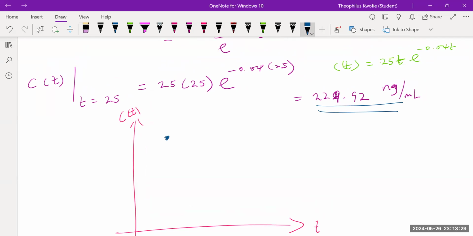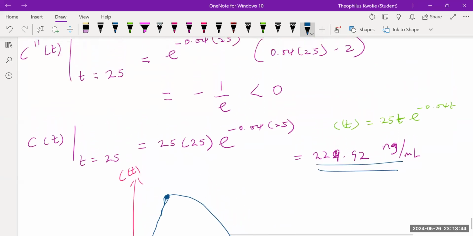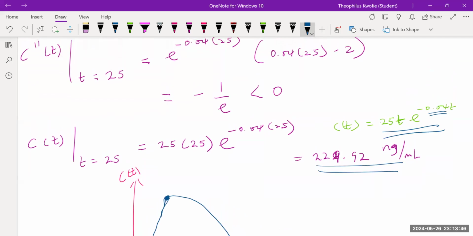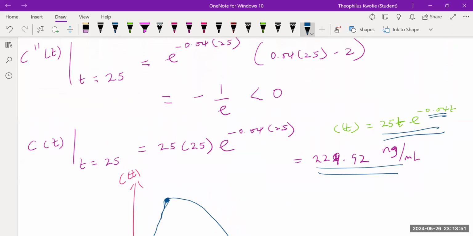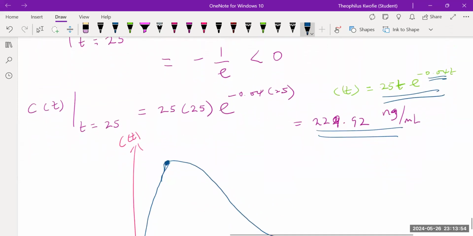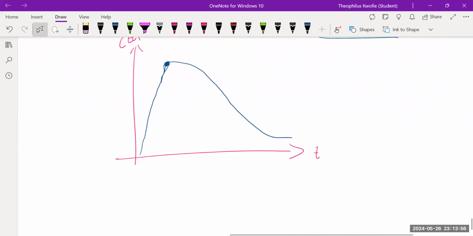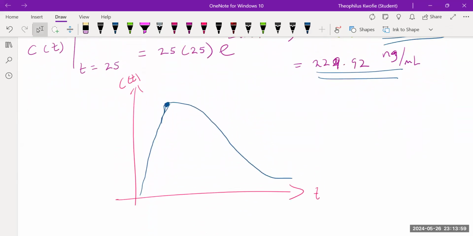At some point it increased and got to this point, then it begins to decrease. Because this was an exponential function, and this e to the power minus 0.4t just means at some point it would decrease as time increases. So it would increase and attain such a peak, which we were referring to as the peak concentration.